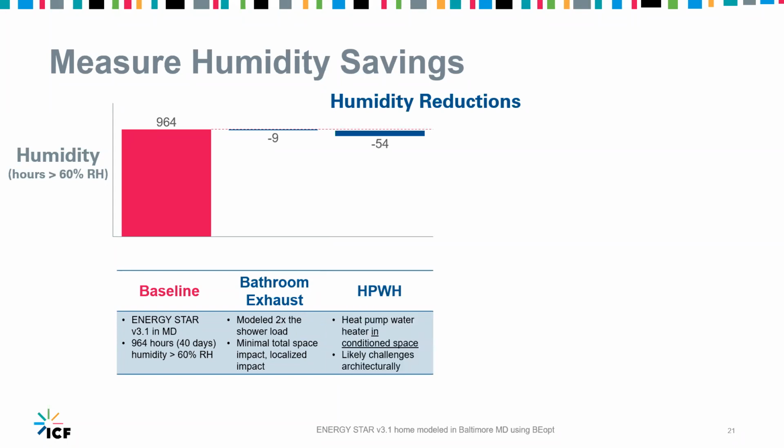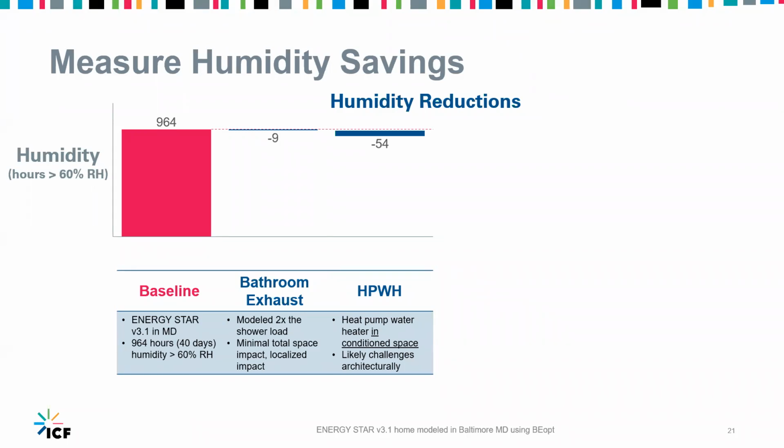The second one I looked at, that I didn't talk about but was curious for myself, was I had a gas water heater in the home, and I swapped it out and said, what happens if we put in a heat pump water heater? Because as heat pump water heaters heat the water up, they're also cooling and dehumidifying the space around them.